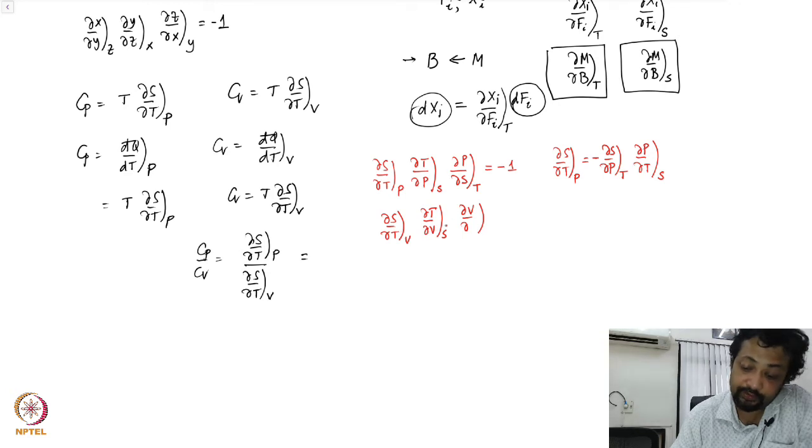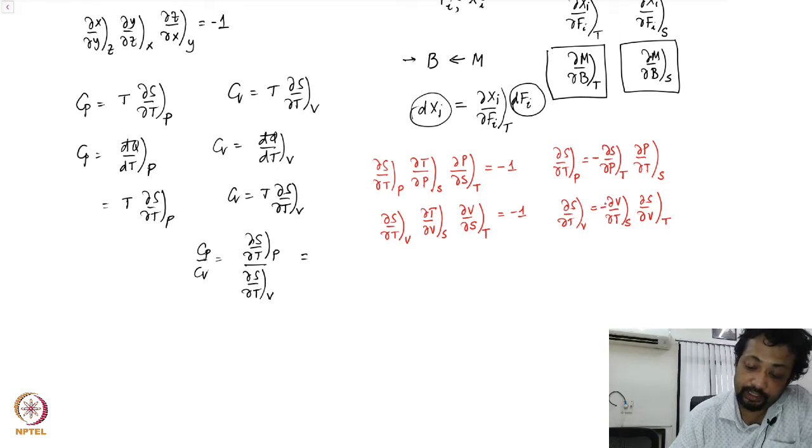T has come twice, V has come twice, so this is equal to -1, which means (∂S/∂T) at constant volume is (∂V/∂T) at constant entropy times (∂S/∂V) at constant temperature, with a minus sign.